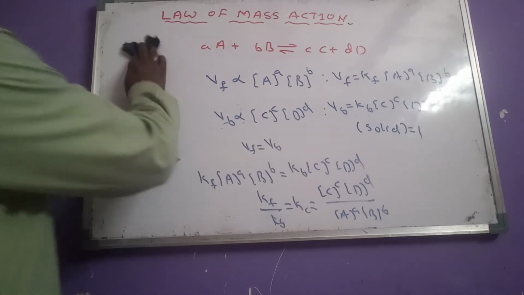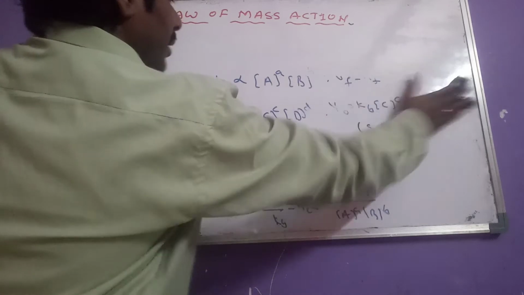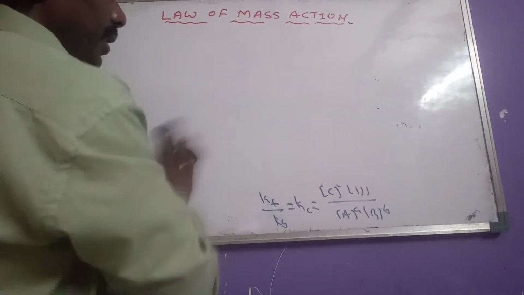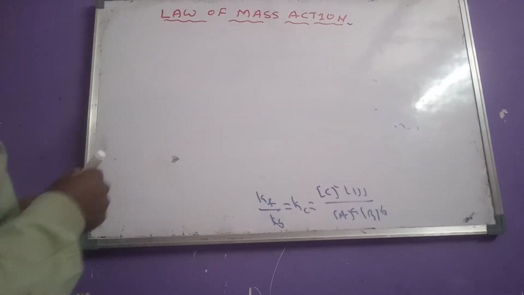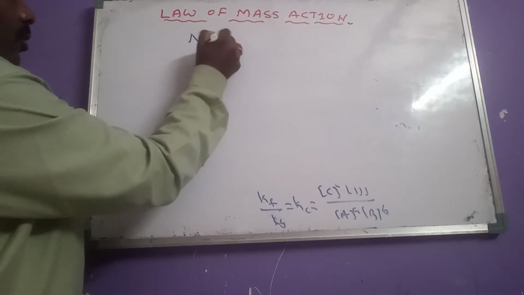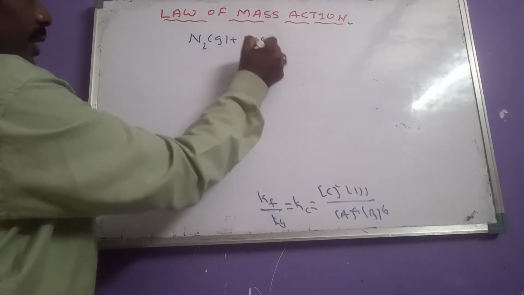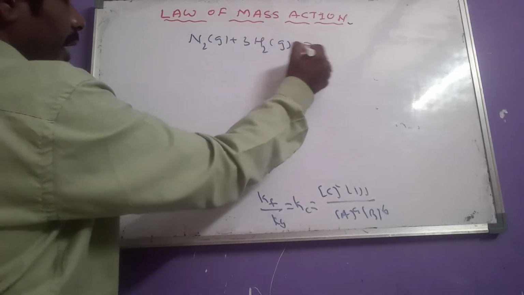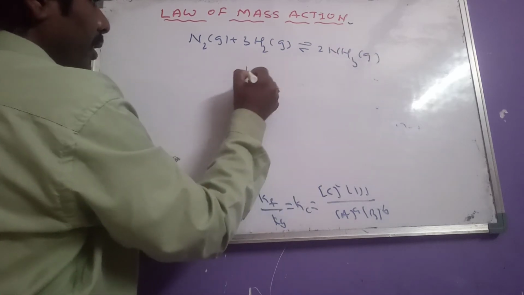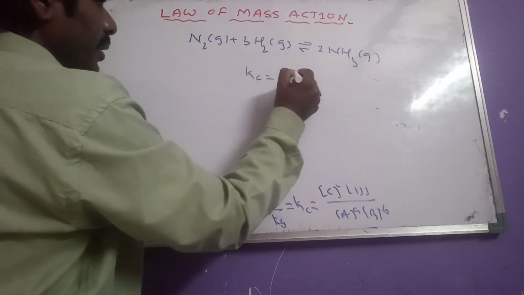Now let us go for examples of writing the Kc expression. The first example is N2 gas plus 3H2 gas reacting to give 2NH3 gas. What is the Kc expression?